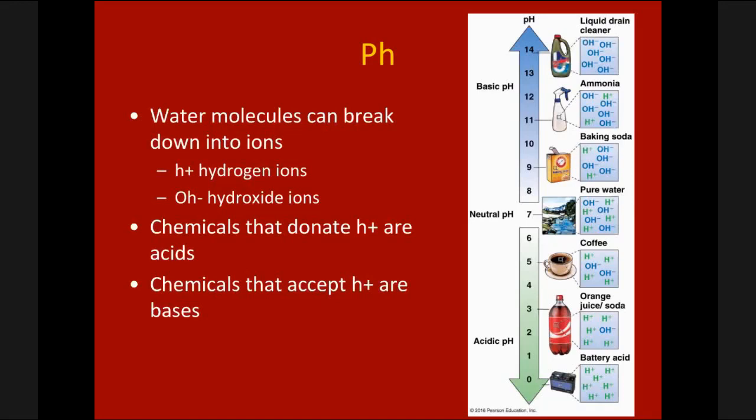I'm so desperate to get out of here, I'm going to leave the dog behind. It leaves the electron. So the OH part of the water molecule keeps the electron, it has a negative charge. It now becomes an anion. The hydrogen that's left and left behind its electron now becomes a cation. It's got a positive charge.